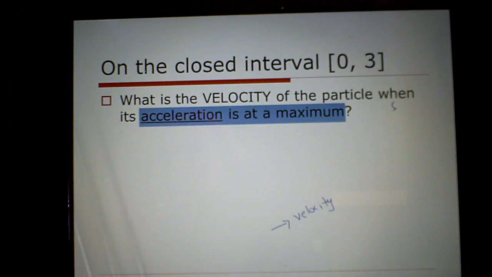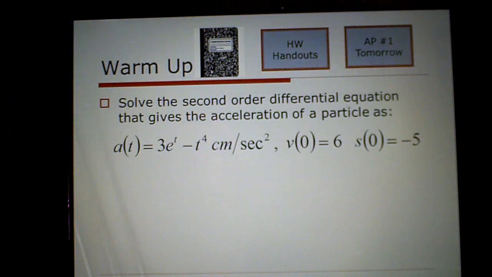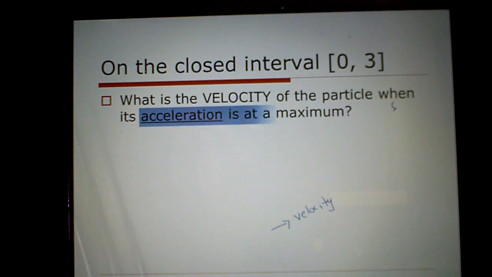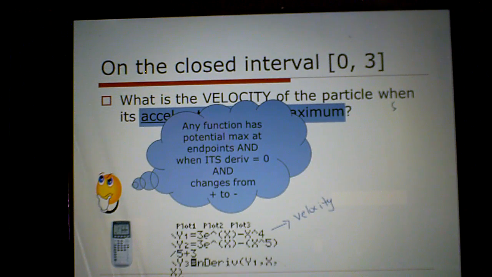If I go back, what is that one? 3e to the t minus t to the fourth, that's acceleration, right? Oh, check that out. This is acceleration.